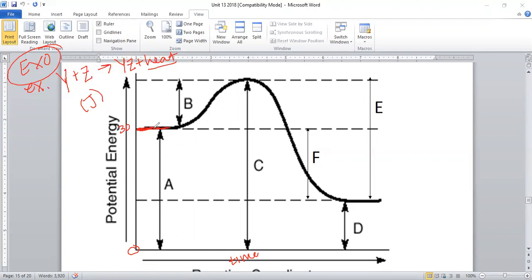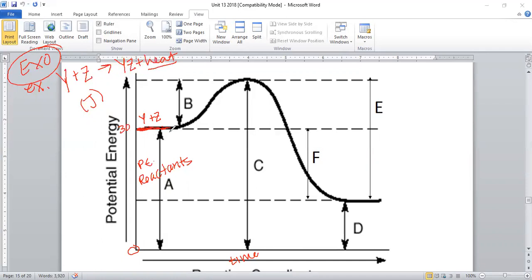So at letter A, this arrow represents the potential energy of your reactants. Remember that your reactants come before the arrow, so this is Y plus Z, and this is how much energy they have to start, like potential energy in their bonds.